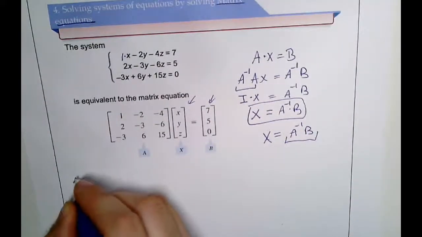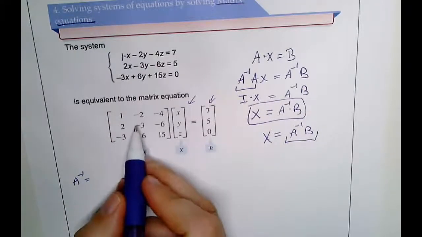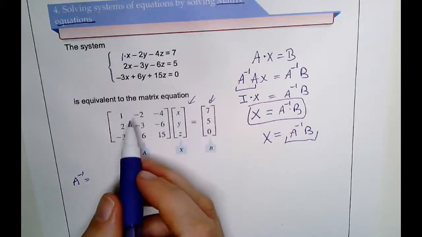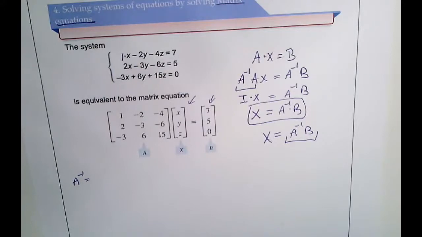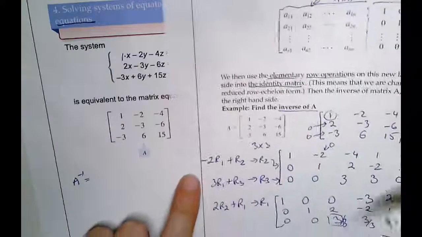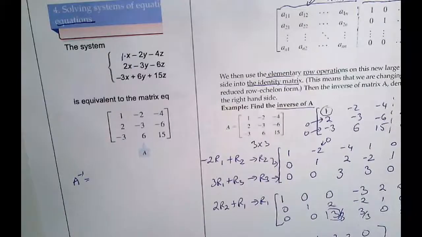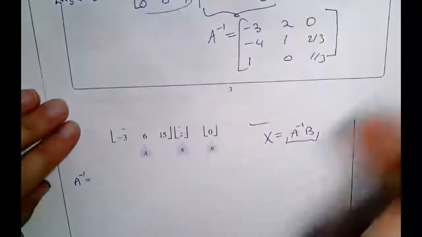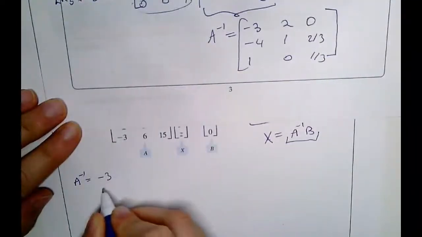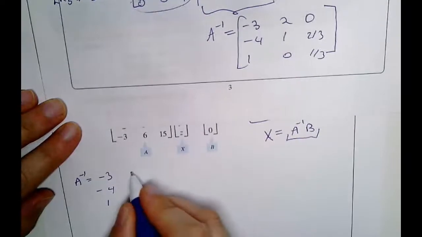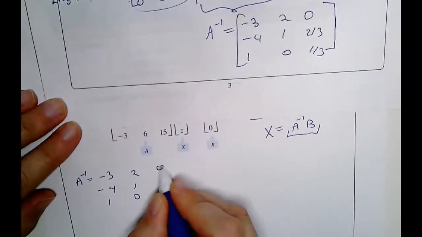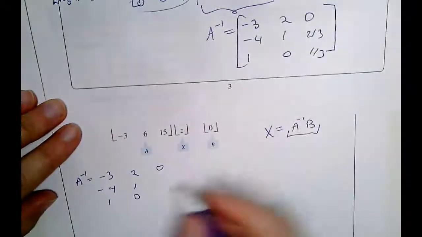So now, what is A inverse for this one? Well, we just calculated. To find A inverse, this is the same matrix as the one we have on page 3. So you do this process to find A inverse, and we got that A inverse was negative 3, negative 4, 1, and then 2, 1, 0, 0, 2/3, and 1/3.